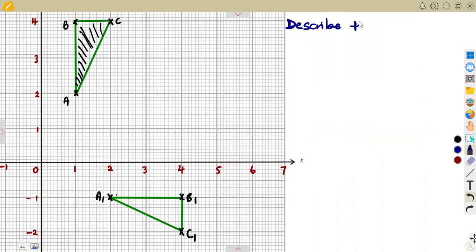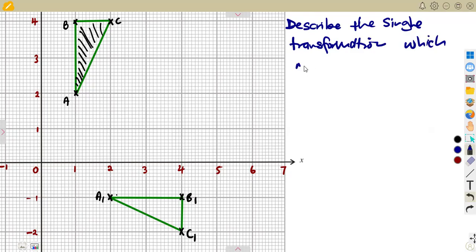Describe the single transformation. That's the question. Describe the single transformation which maps triangle ABC, which is our object, onto triangle A1, B1, C1.